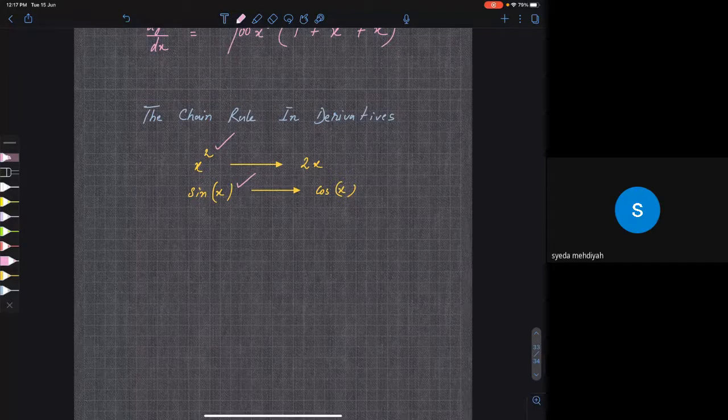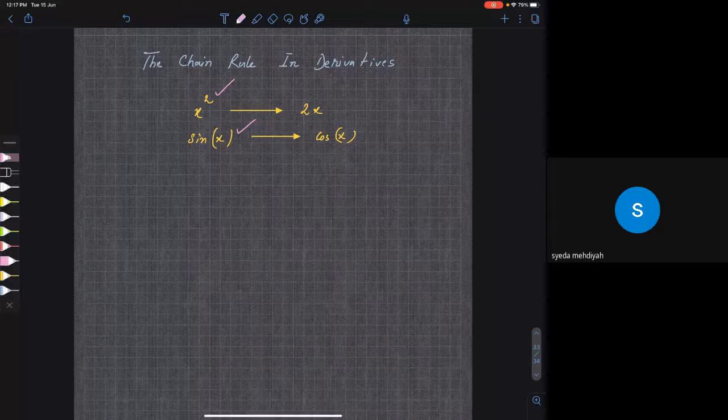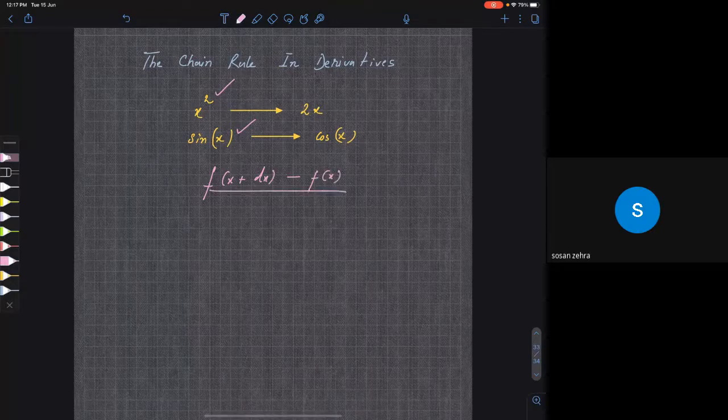We derived in the last classes why these derivatives are 2x and cos x. Which formula did we use for the derivation? F of x plus dx minus f of x divided by dx was equal to f dash of x, or it can be written as dy by dx.